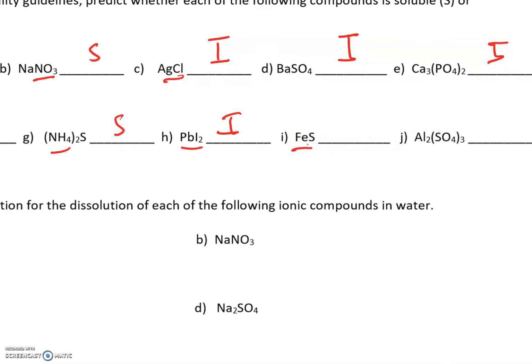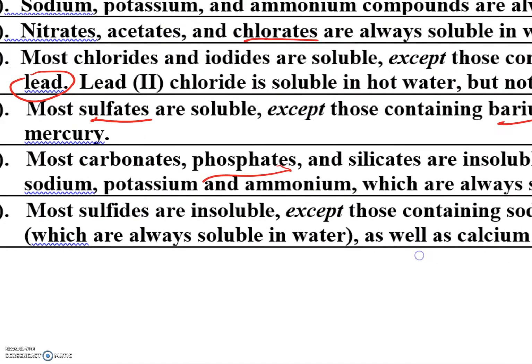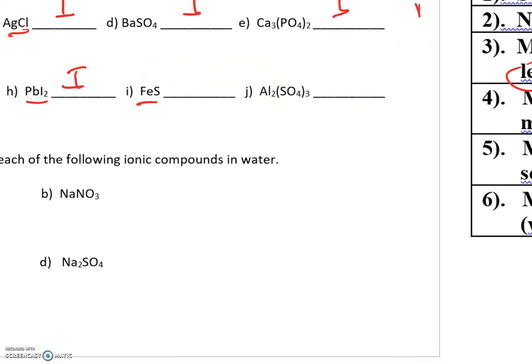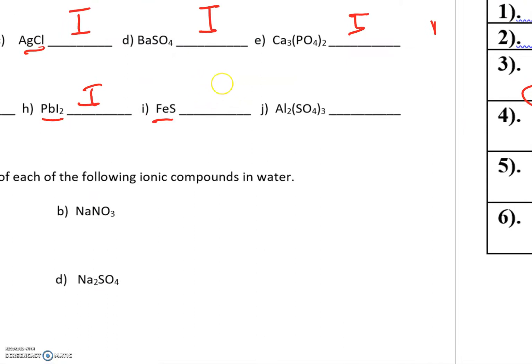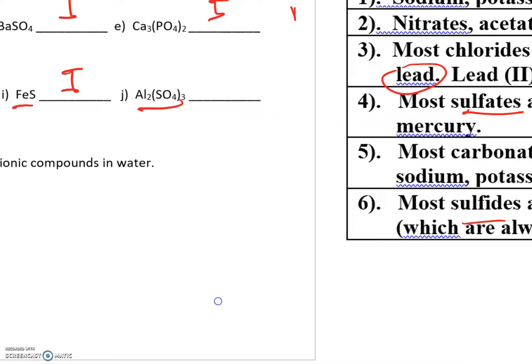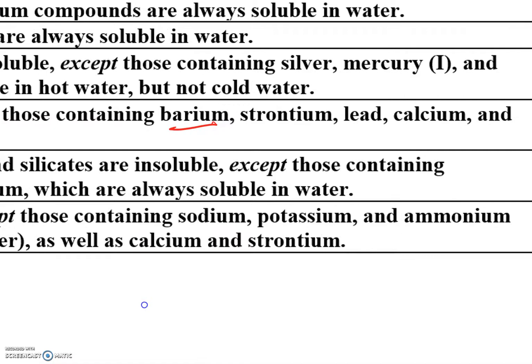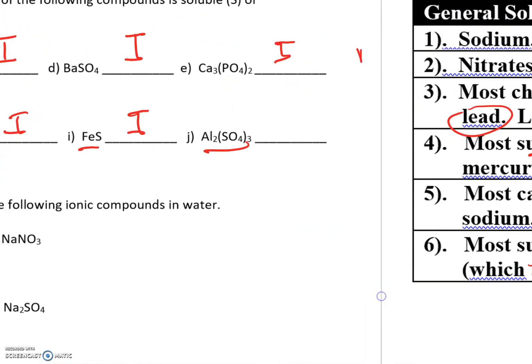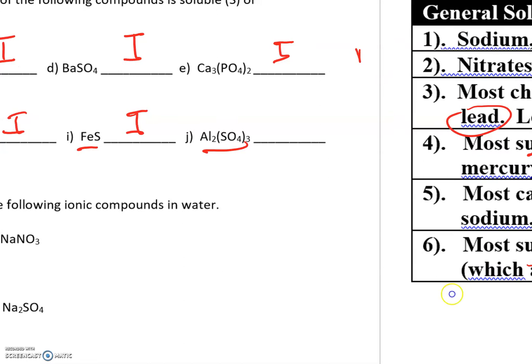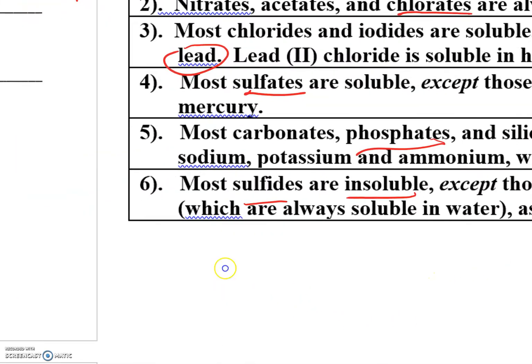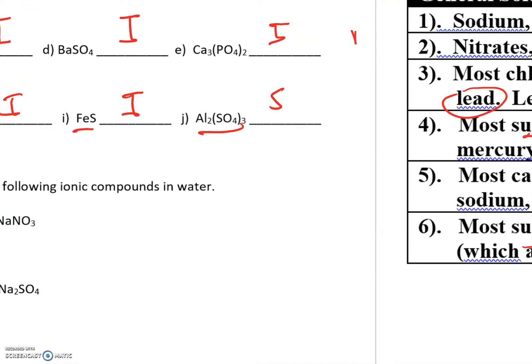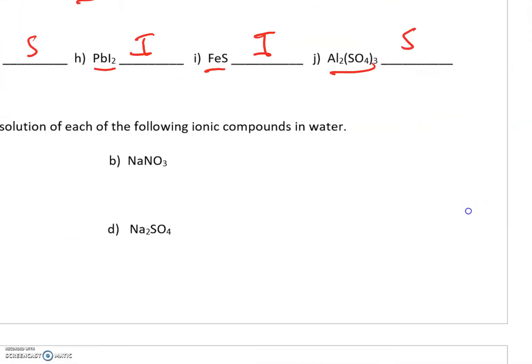This is called iron 2 sulfide. It says here that most sulfides are insoluble. So that guy, insoluble. Sorry. And finally, here is aluminum sulfate. And it says most sulfates are soluble except if they contain barium, strontium, lead, calcium, and mercury. Well, that's aluminum. It's not barium, strontium, lead, calcium, or mercury. This one is soluble.